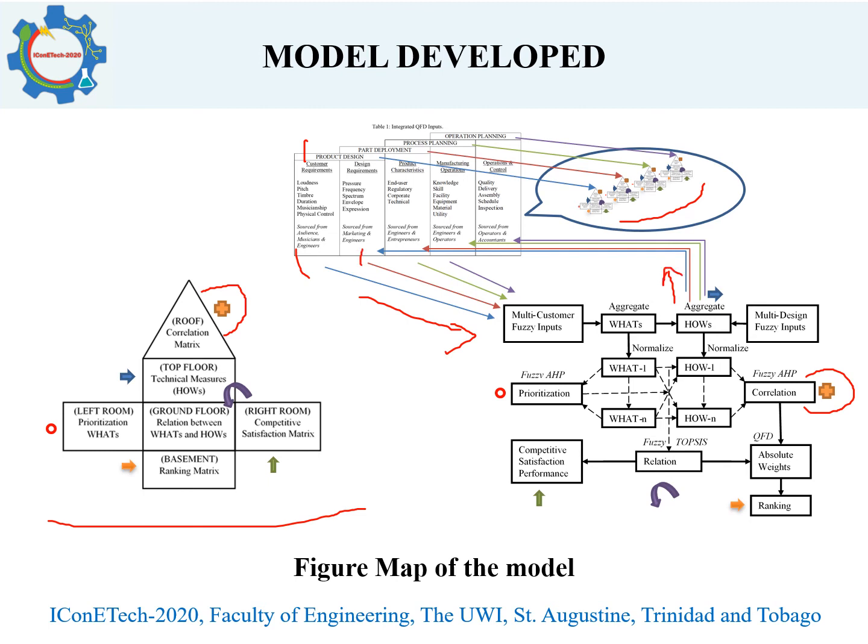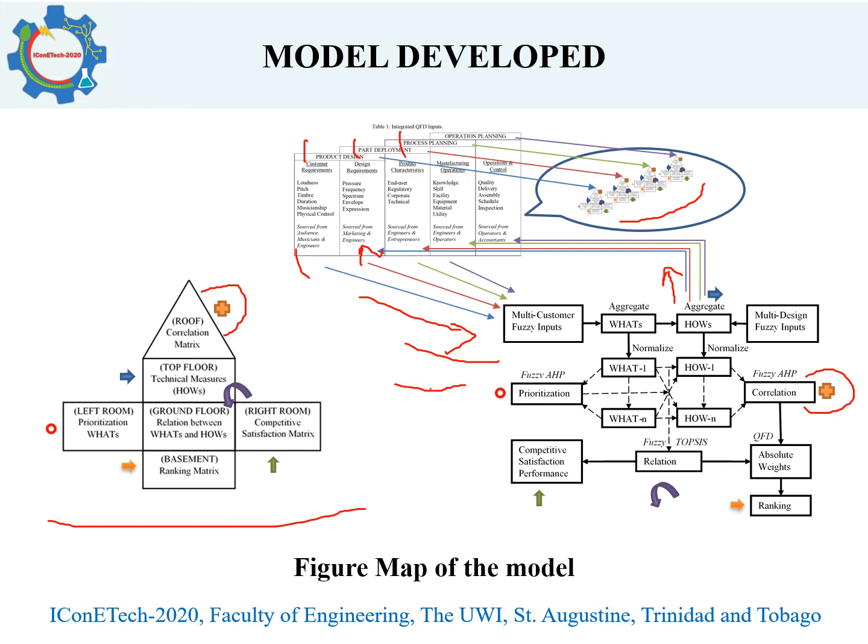These design requirements now become the inputs for the part deployment QFD. And when it goes through the cycle again, the output becomes the product characteristics. And these product characteristics are now the inputs for the process planning QFD.